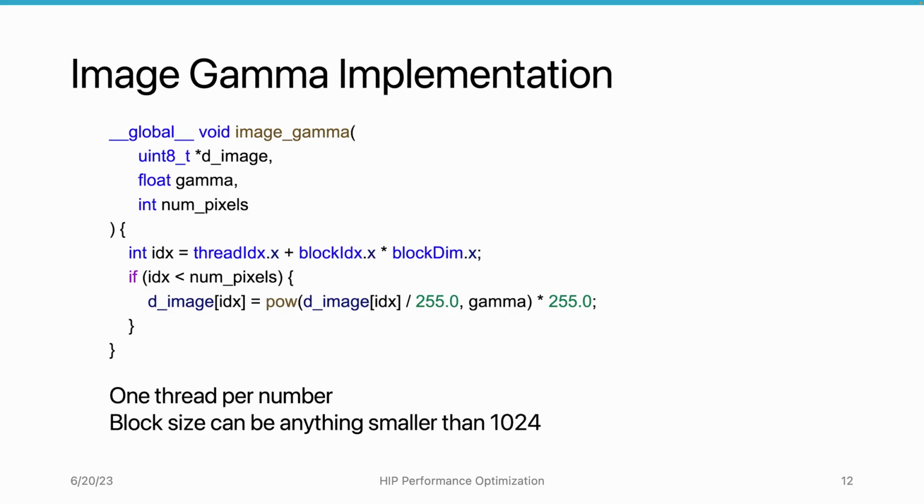The execution result will be exactly the same. So you may wonder, what block size should I set? If I set it to 1, can it get good performance? Or if I set it to 1024, can it get good performance? By the way, you cannot set a value greater than 1024 because the hardware capacity is 1024. If you do, you may get an error after launching the kernel.